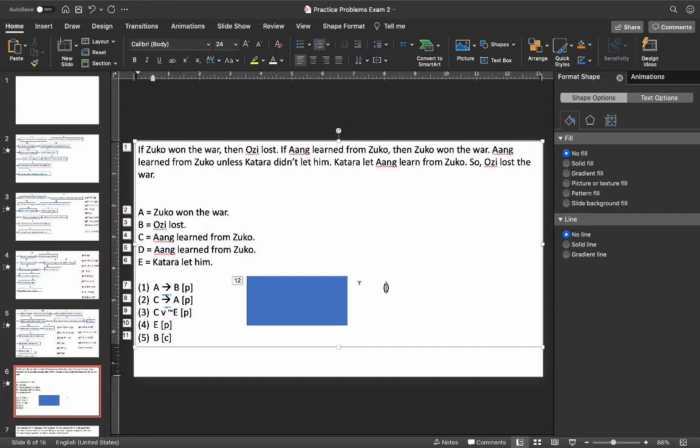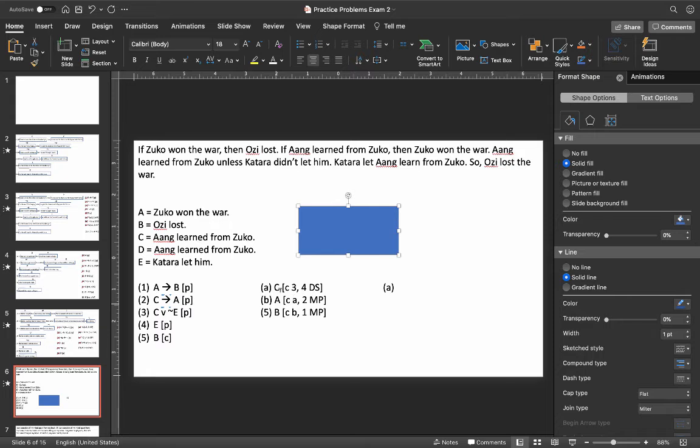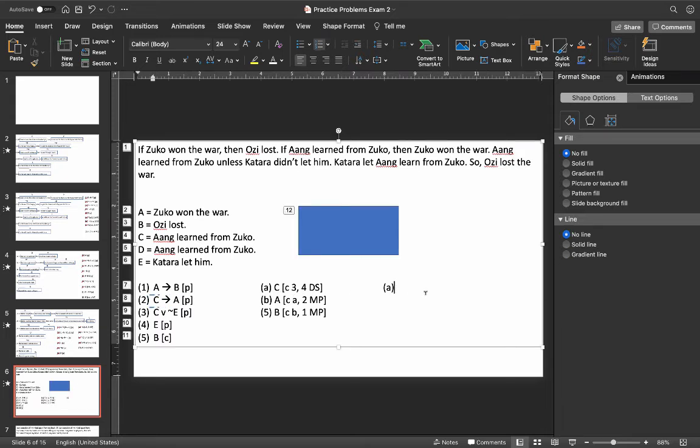Instead of drawing C as my first conclusion, I could say, well, I know A gives me B, and I know C gives me A, which means that C is going to take me to A is going to take me to B, therefore C is going to take me to B. And that would be a conclusion from 1 and 2 by hypothetical syllogism.